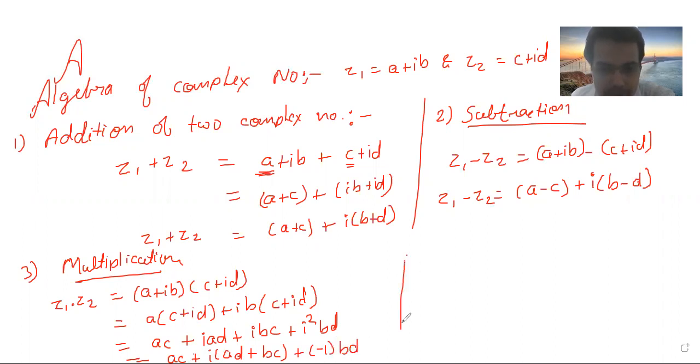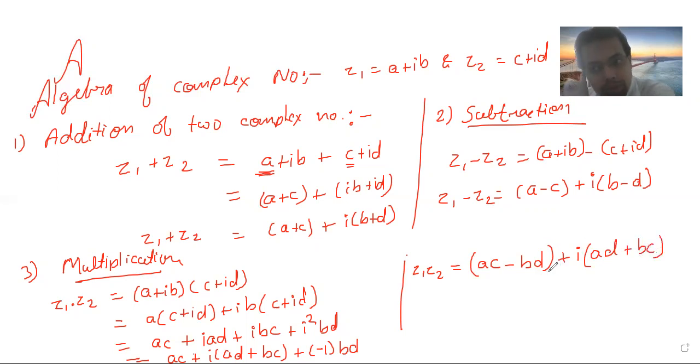So hence we can say that z1 z2 is equal to ac minus bd, since the last term minus 1 into bd will be minus bd. This is the real part of the product, and the imaginary part will be i times ad plus bc. So this is the product. Note it down.